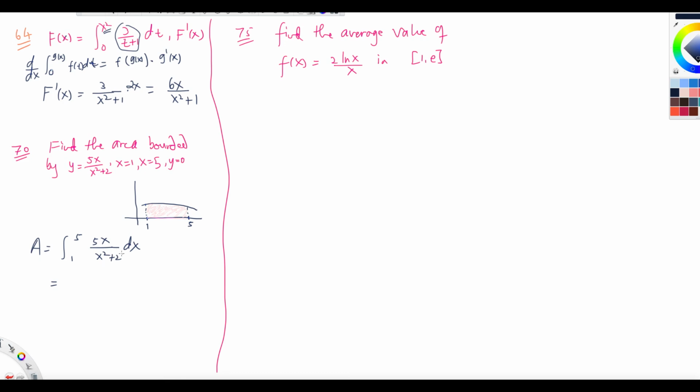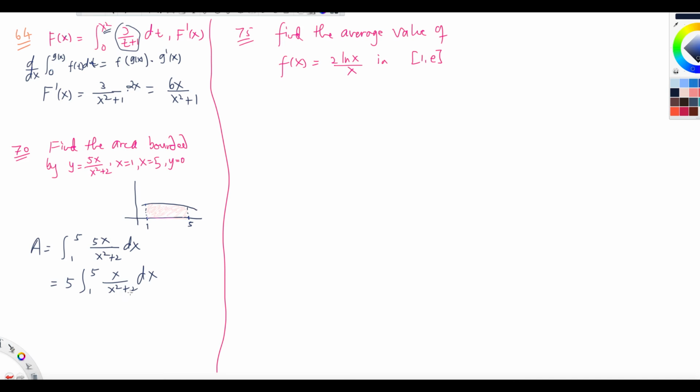The numerator has one smaller degree than the denominator, so you can think maybe the derivative of the denominator is the numerator, so that you can change this into a log. Let me pull that 5 to the front. Then you can write the integral from 1 to 5 of x over x squared plus 2 dx.